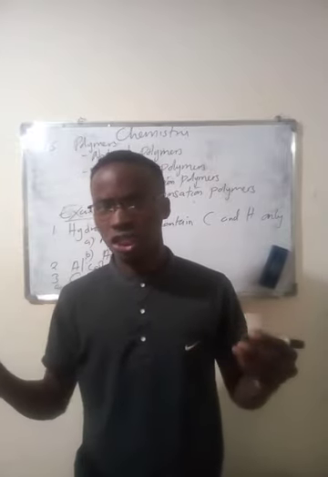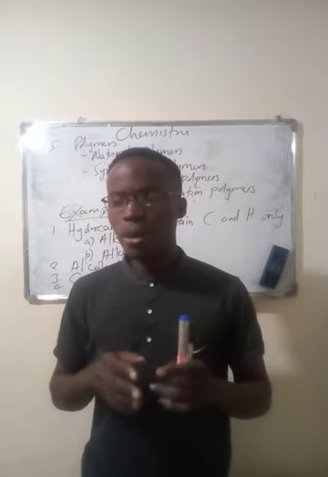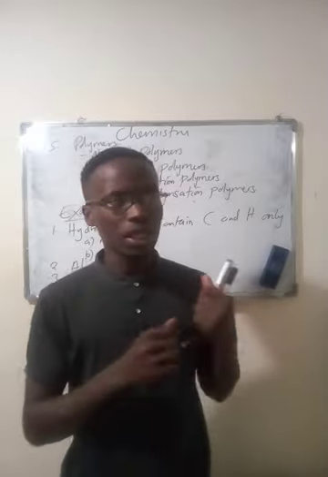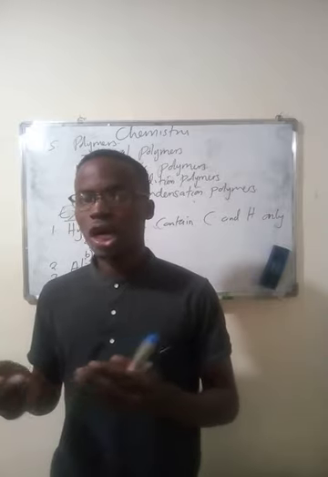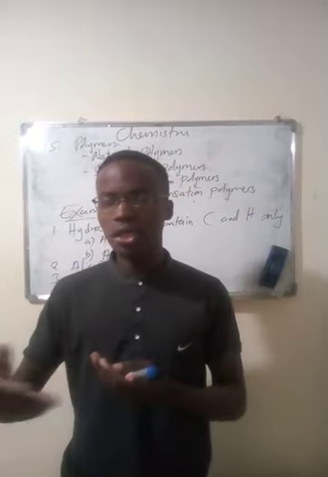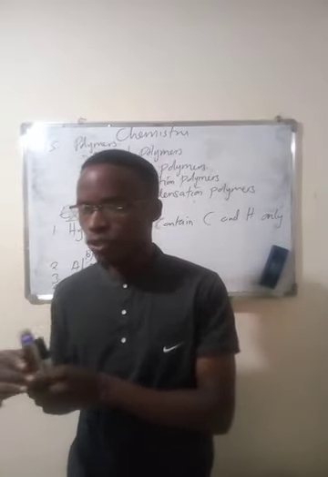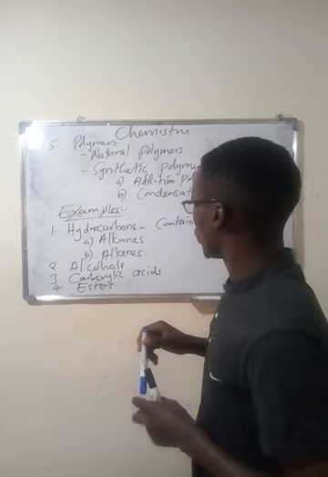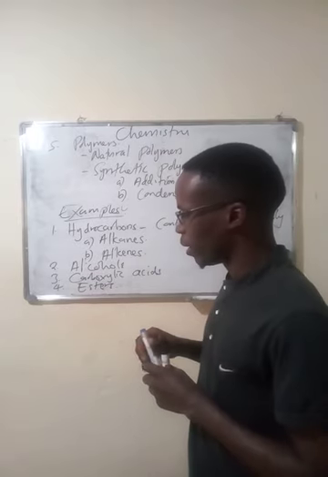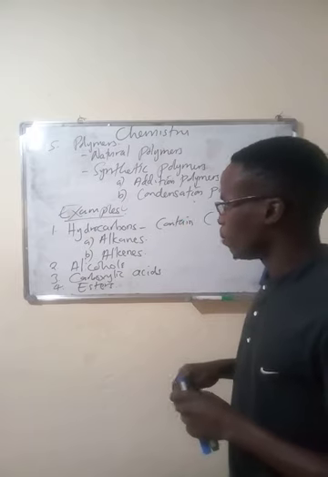But in the case of condensation polymers, you add small molecules together, and in the end you also produce a byproduct such as water. So that is what condensation polymers are. We're going to talk about these in more detail. This is basically just an outline and an introduction to organic chemistry.